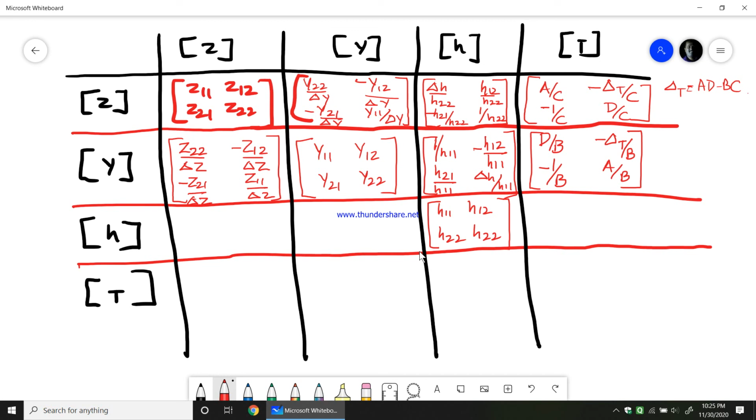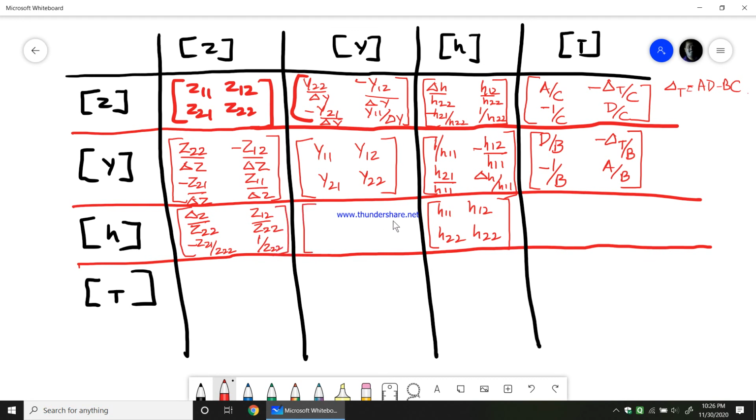H in terms of Z would be equal to delta Z by Z22 is H11, Z12 by Z22 is H12, and then minus Z21 by Z22 is H21, 1 over Z22 is H22.